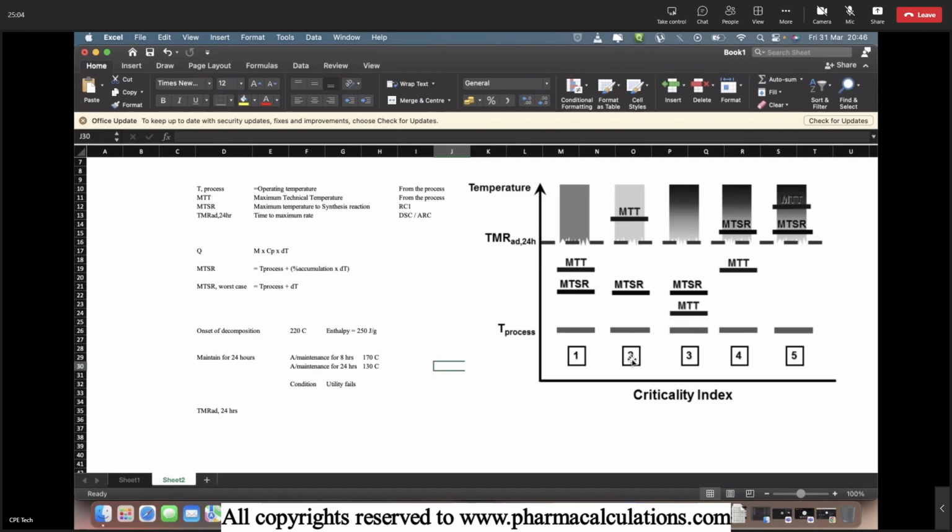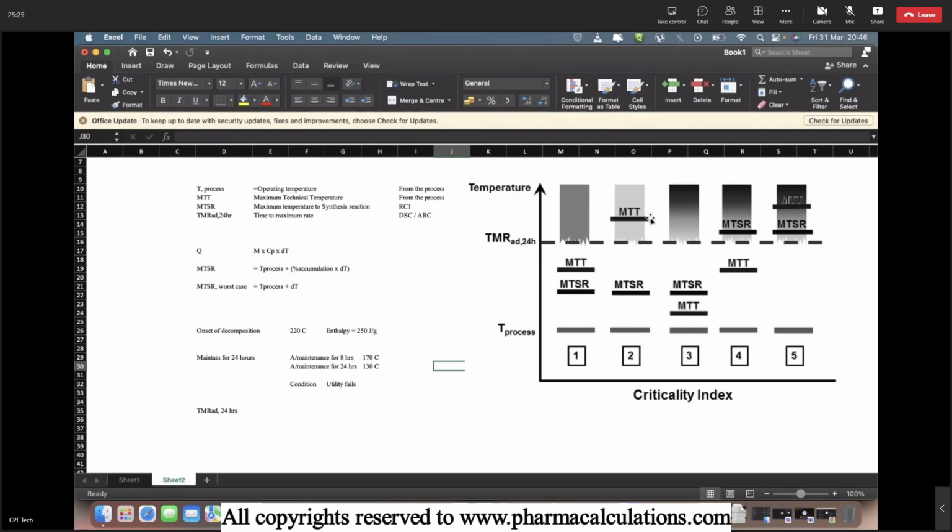And coming to class 2, here you have the operating temperature followed by the MTSR. That means your reaction mass has the potential only to reach up to this level. And if you give some external energy, that is hot water or any kind of steam, then only will your reaction mass get into the decomposition zone.